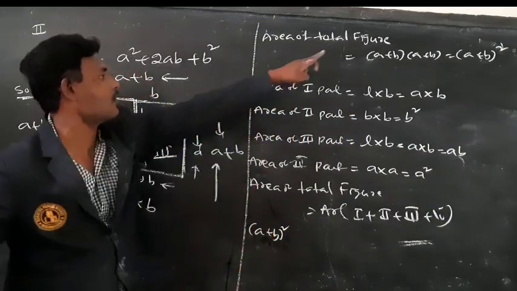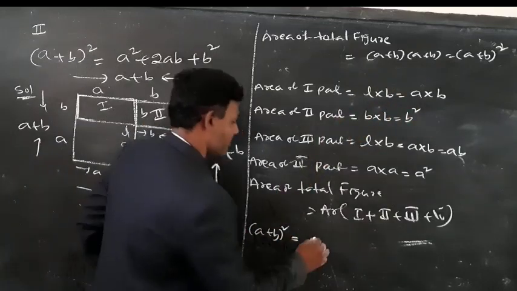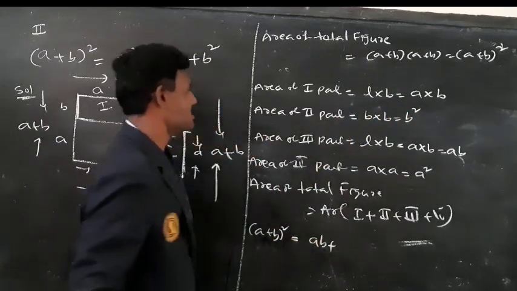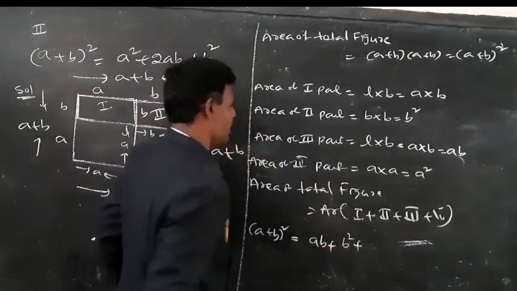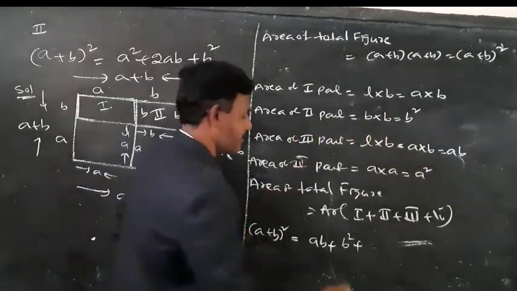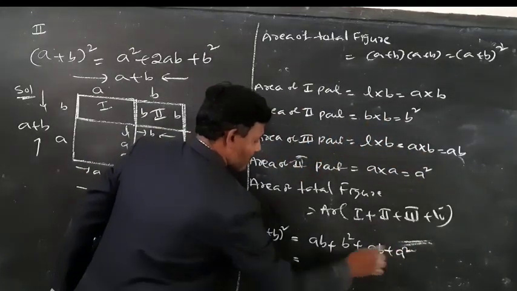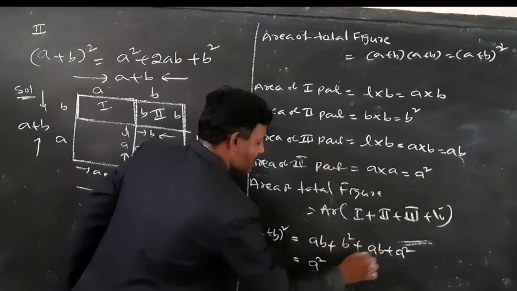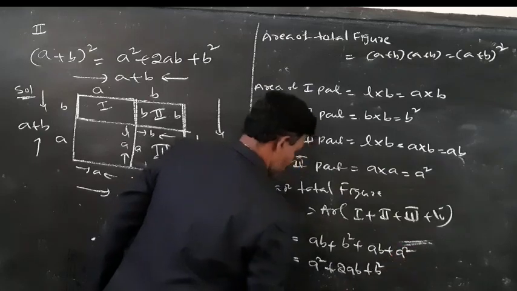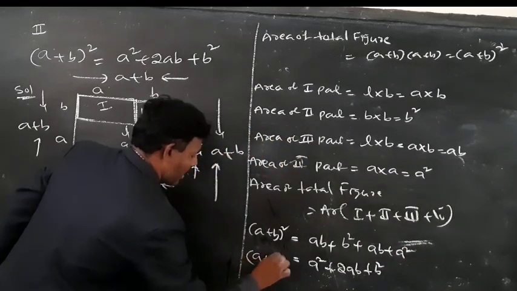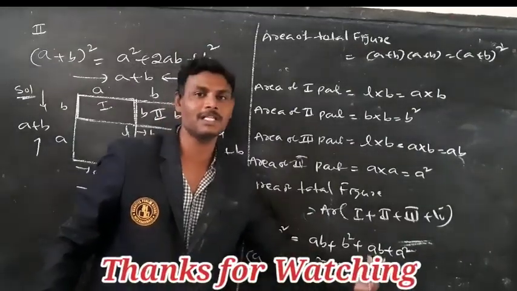A plus B whole square is equal to area of the first figure AB plus area of the second figure B square, area of the third figure AB, plus A square. So total A square, 1AB plus 1AB 2AB, plus B square. So the identity is A plus B whole square is equal to A square plus 2AB plus B square.